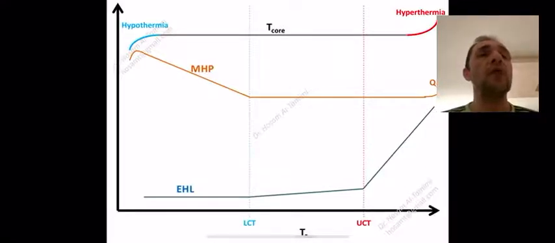So we refer to another extreme point, which is known as the upper critical temperature, which means the ambient temperature above which the evaporative heat loss pathways start rising significantly in order to counteract the exceedingly rising ambient temperatures, and in an effort to maintain homeothermy.